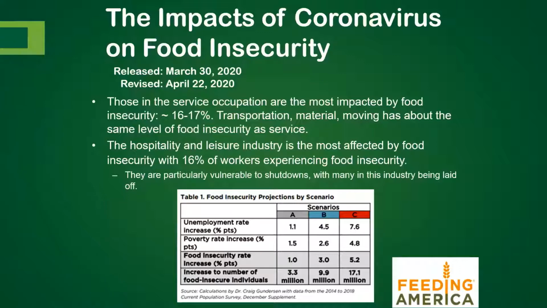That's the one we are currently closest to right now. If scenario C ends up being a true prediction, then we can expect to see about 17.1 million additional Americans experiencing food insecurity because of this pandemic. Next slide.